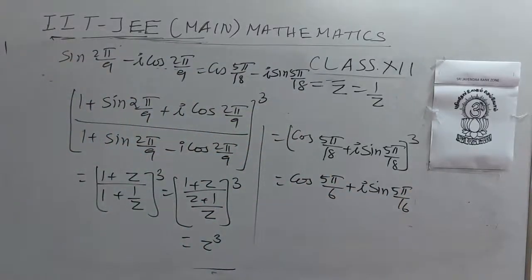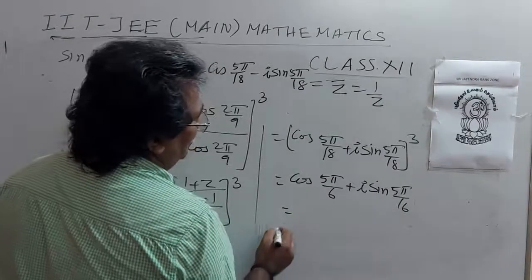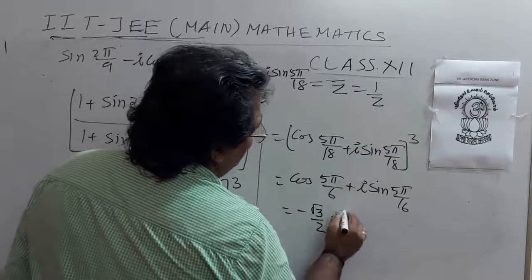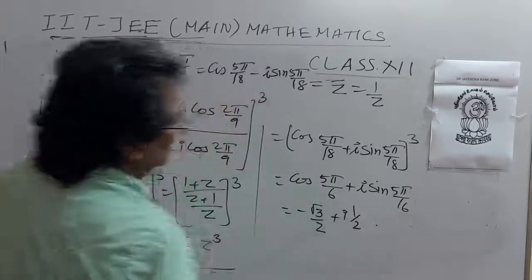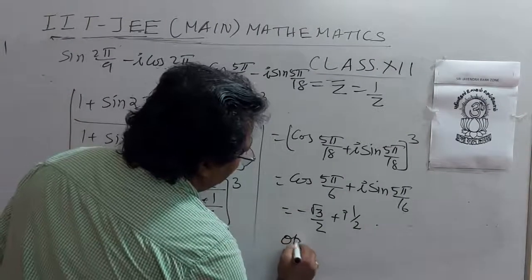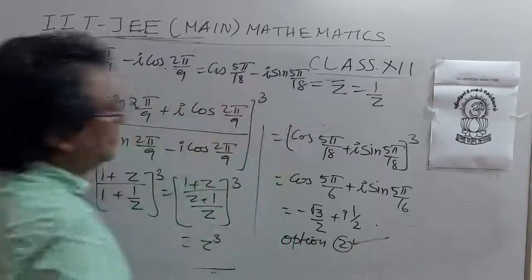Cos 150°, that is the second quadrant, the value is cos 30. So minus root 3 by 2 plus i by 2. Option 2 is correct.